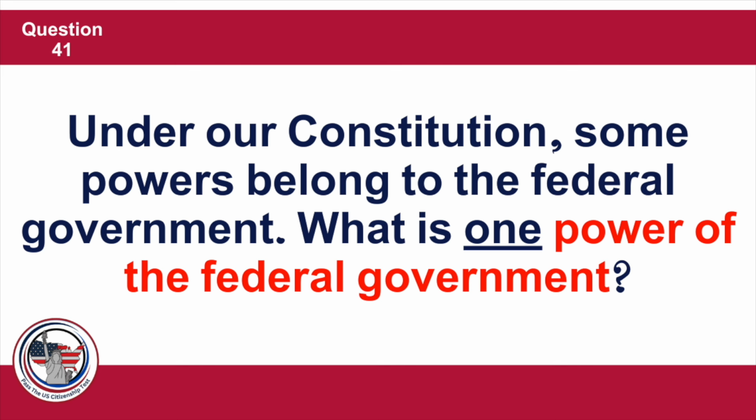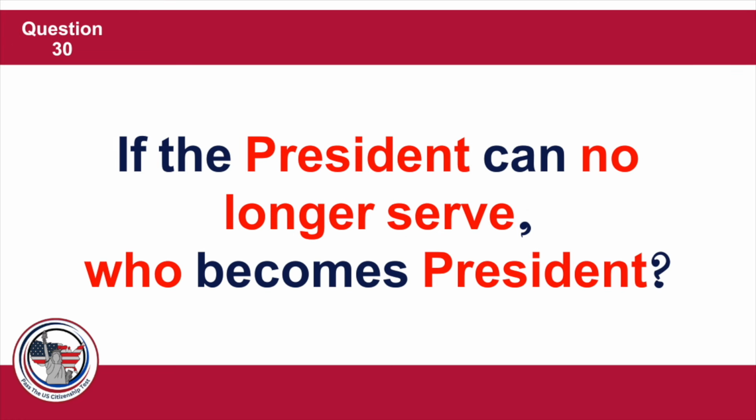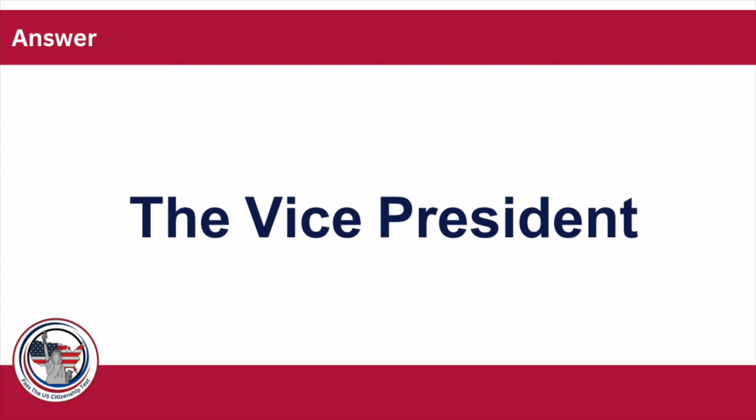What is one power of the federal government? To print money. If the president can no longer serve, who becomes president? The vice president.